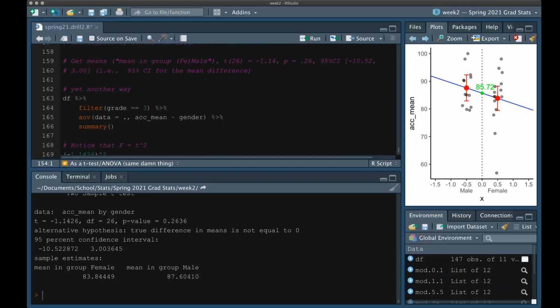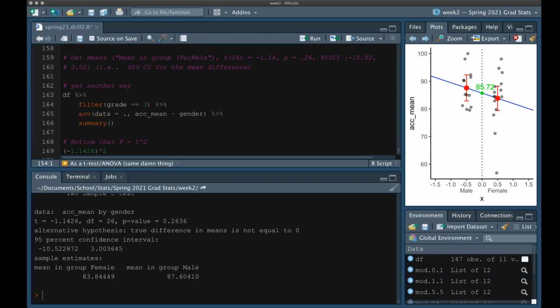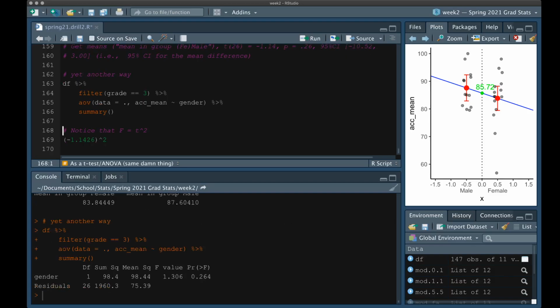The other way would be if we could do this as an ANOVA. Same thing, just filtering down to third graders, plugging that into the aov, the ANOVA function. Data is the placeholder, this pipe coming in, ACC mean regressed on gender, and then pipe that into our summary function. We can get this reported as an ANOVA.